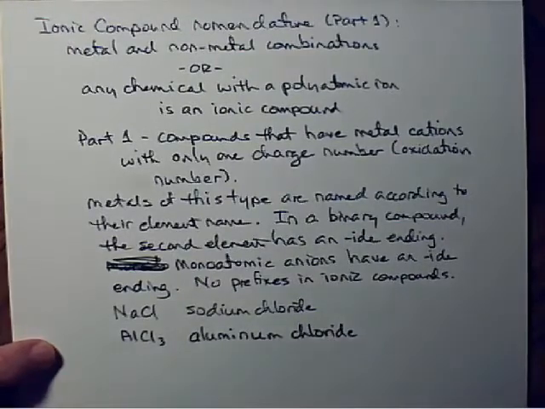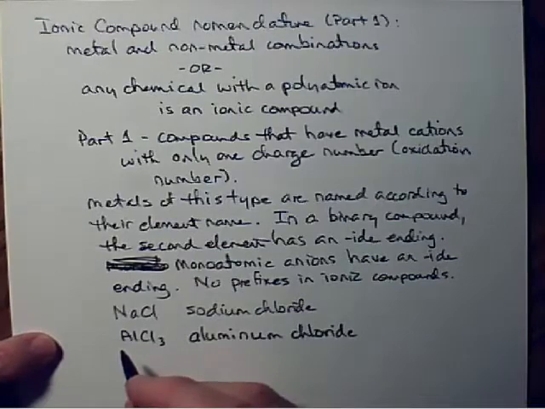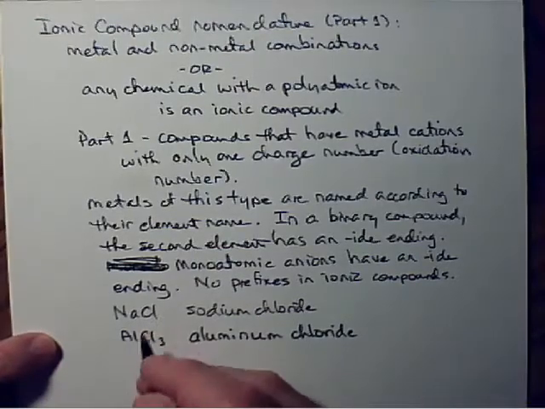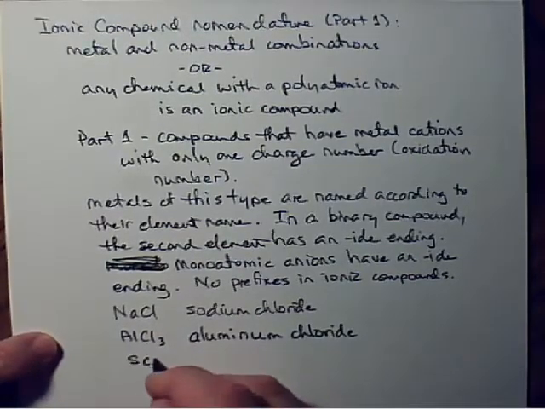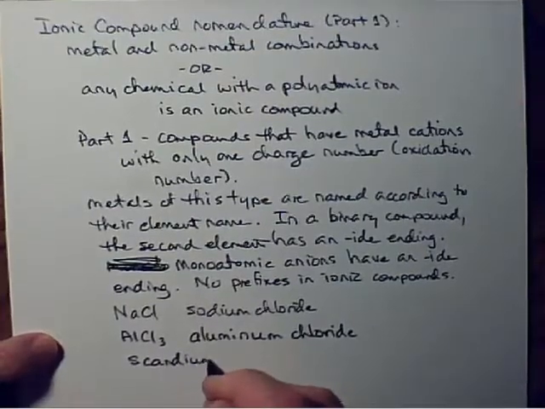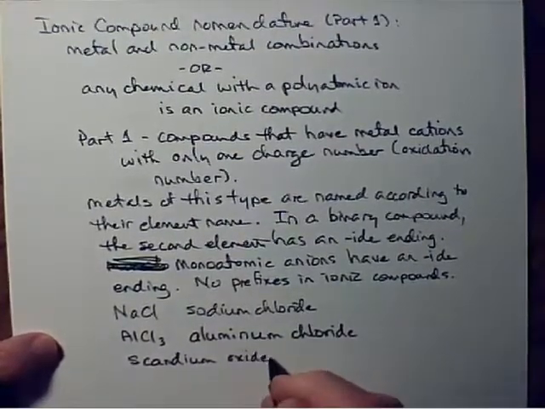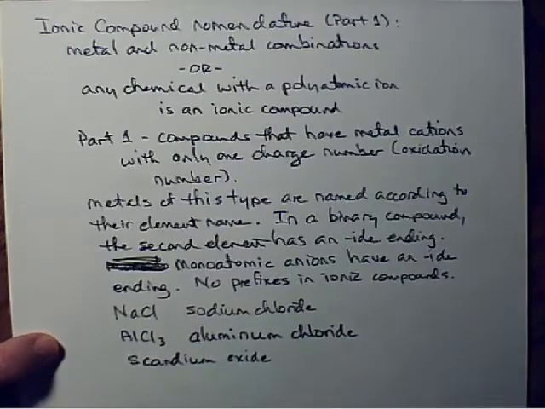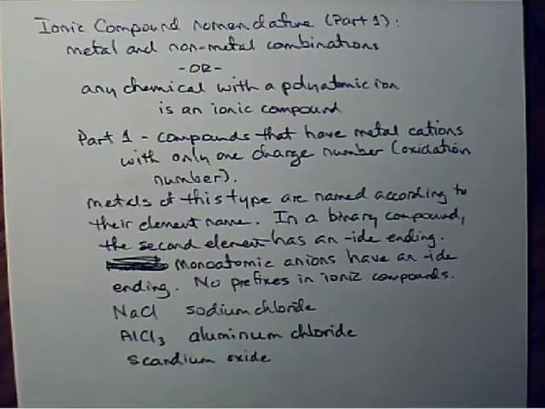Aluminum chloride. Okay? Let's see, how about I give you a couple of names and you write formulas for them, okay? Scandium oxide, write the formula for scandium oxide. You have to figure out by the charge and balance the formula.